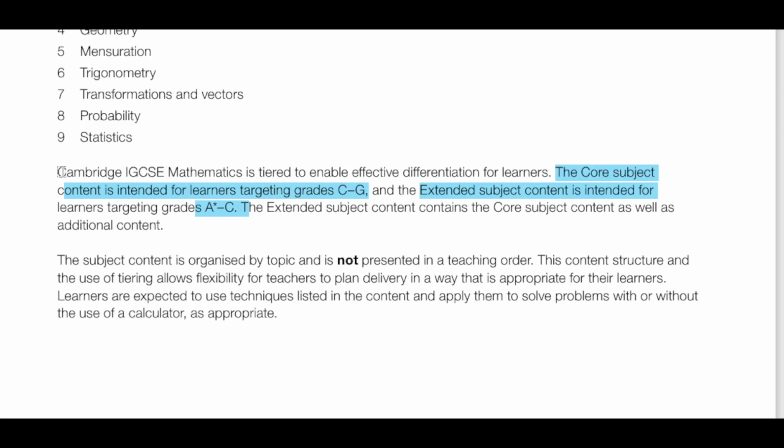Those who are doing the core subject content, that is intended for learners targeting C to G. So here the maximum grade will be C, even if you get 90%, 95% even, the maximum grade is going to be C and the minimum is G. Okay, so for extended you can even earn A star, right? So those who are targeting higher level maths in higher classes must do the extended syllabus, right?